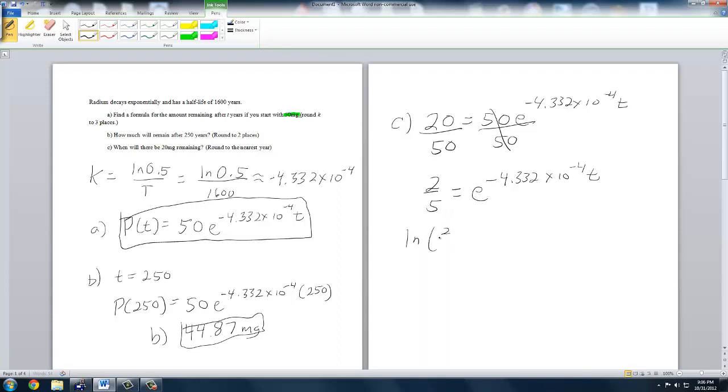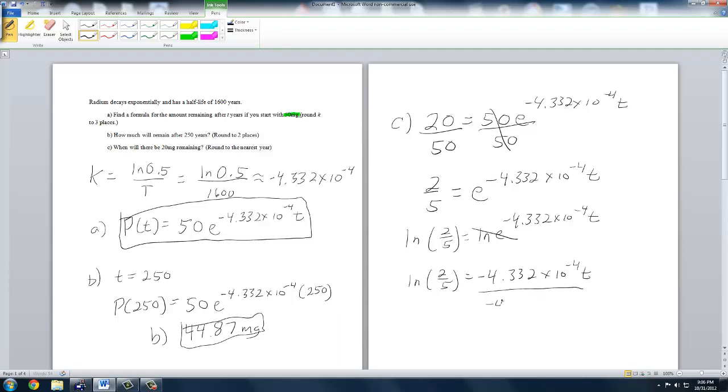Then we're going to natural log both sides. So we have the natural log of 2/5 is equal to, these go away, so this is negative 4.332 times 10 to the negative fourth t.